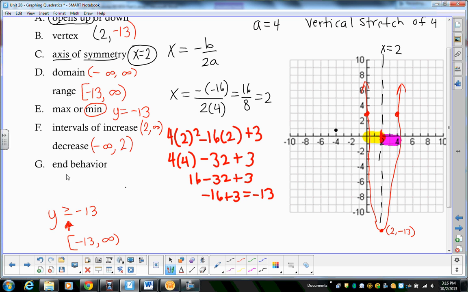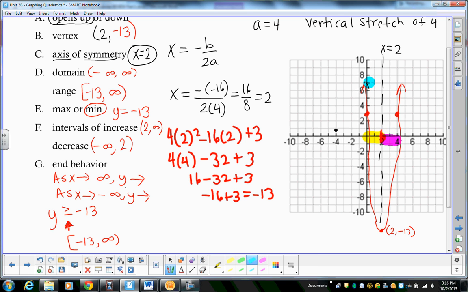All right, so my end behavior. Whenever I do my end behavior, I'm going to write as x approaches infinity, y, and as x approaches negative infinity, y. If I look at the ends, when I'm talking about end behavior, I am talking about the ends.